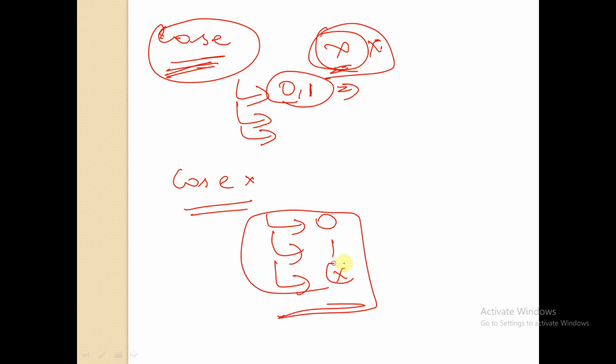So if there is an unknown state also it can compare it. So this is the difference between case and case X. The next question is what is the difference between double equal to and triple equal to?